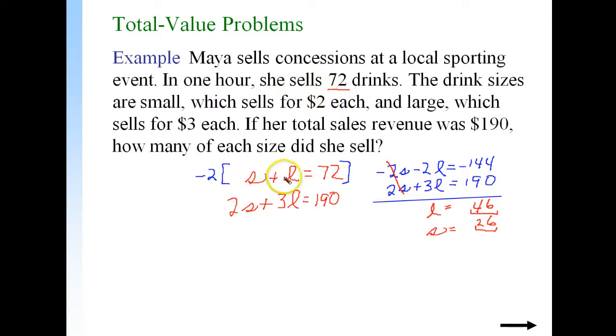The two sizes equal the total. $2 for the small, $3 for the large. This is your total income. There are your two equations. So I then multiplied the top one by a negative 2 each term. That allows me to cancel out the s's through elimination, and there's my answer. Okay, let's check it out.